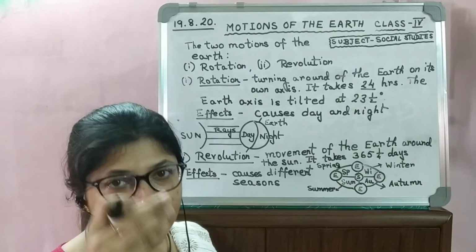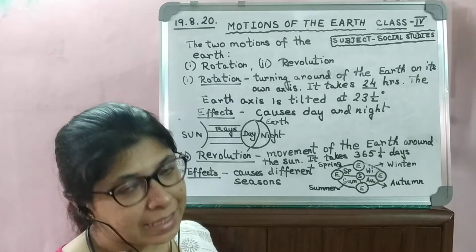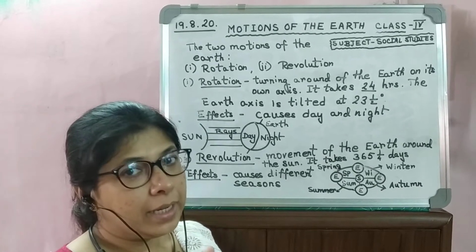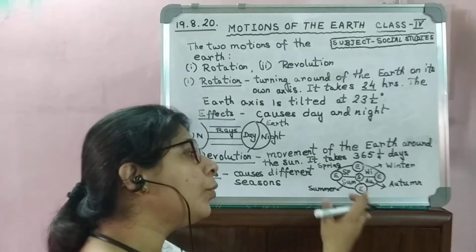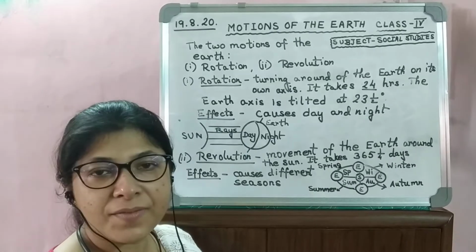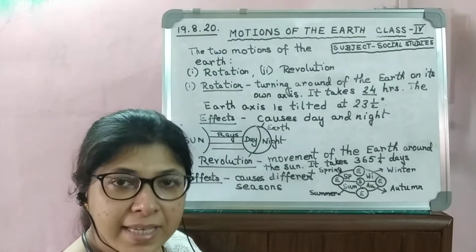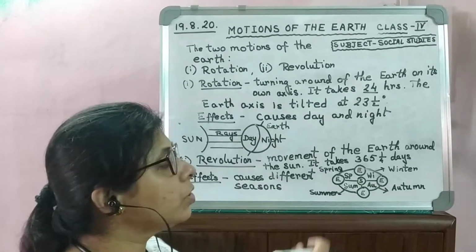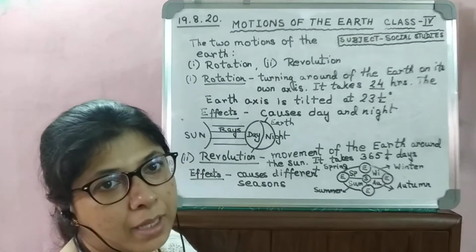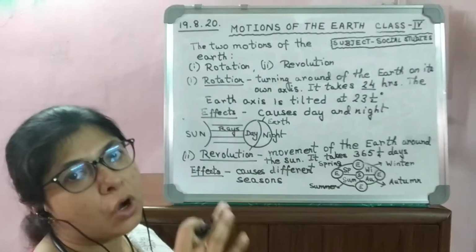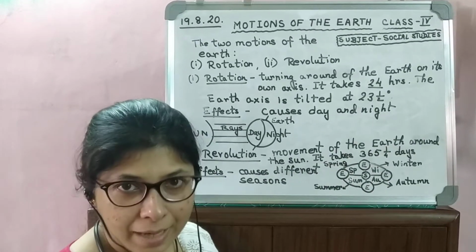As a result, that part gets heat and sunlight, and so we have summer in that place. The part of the earth that is away from the sun does not receive the direct rays of the sun. As a result, there is less heat and sunlight, so there is winter in that place. In this way, the 4 seasons are caused by the revolution of the earth around the sun.